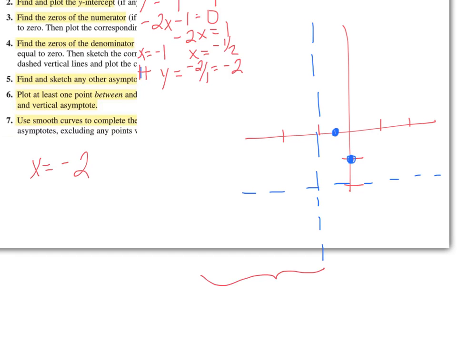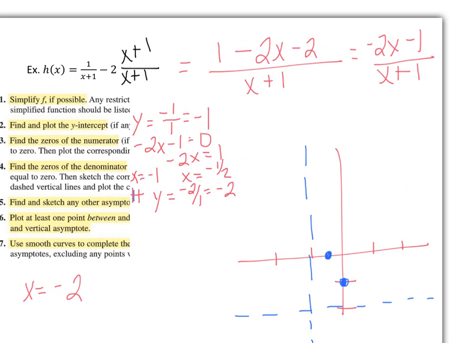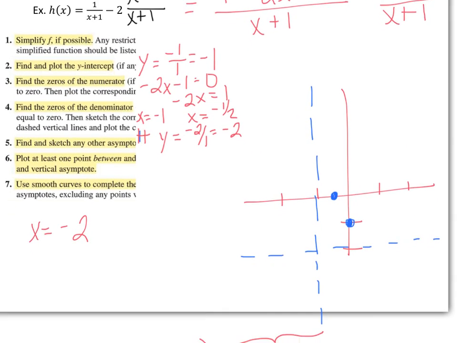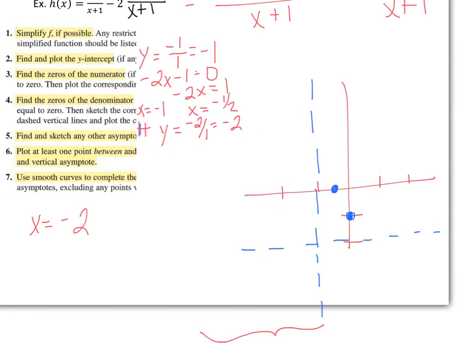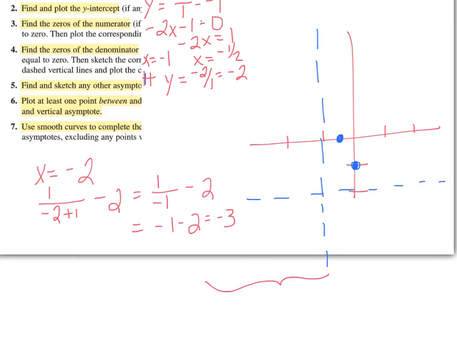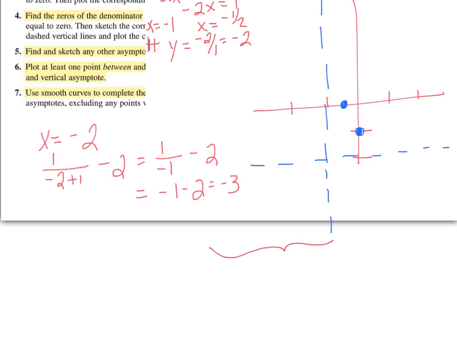And if I plug that in, 1 over x plus 1 minus 2 gives me 1 over negative 1 minus 2, which is negative 3. Now, does negative 3 fall above or below? It falls below. So I know my graph has to go somewhere in here.